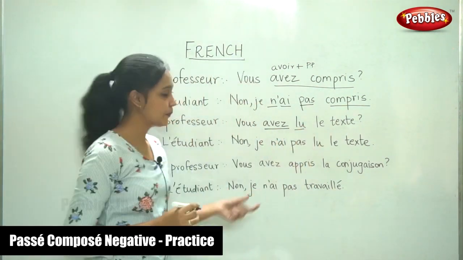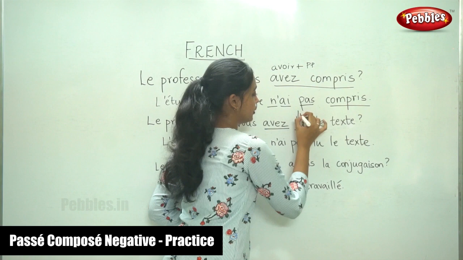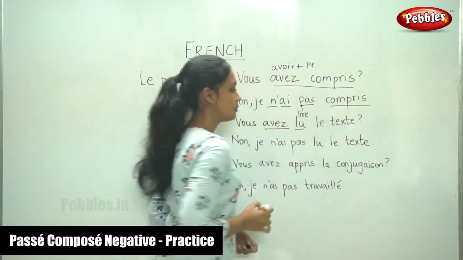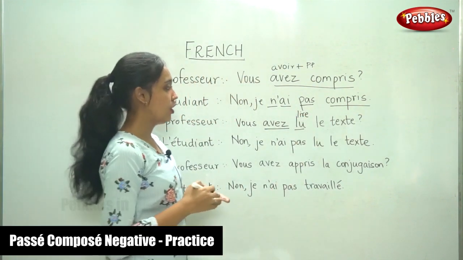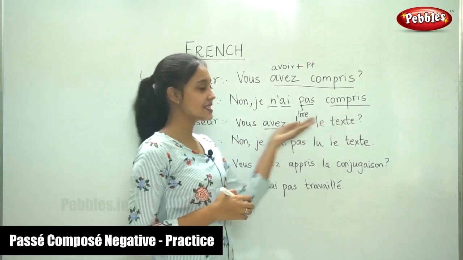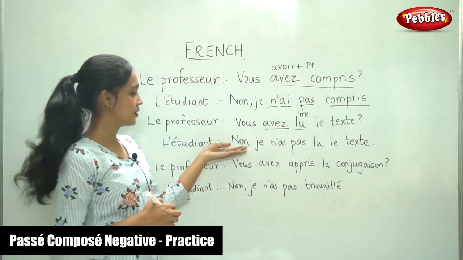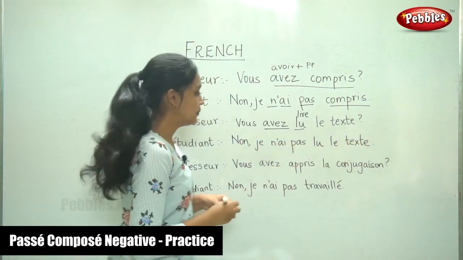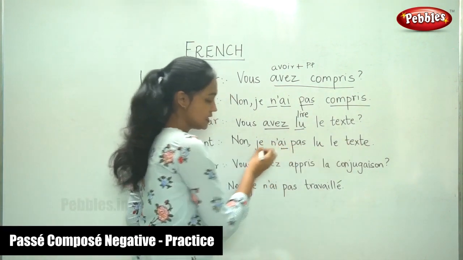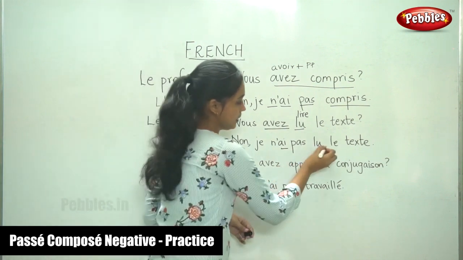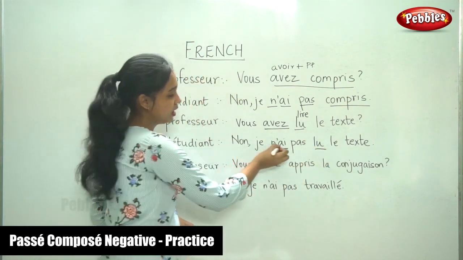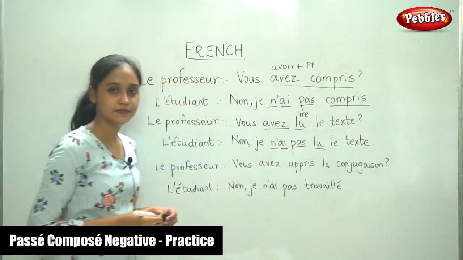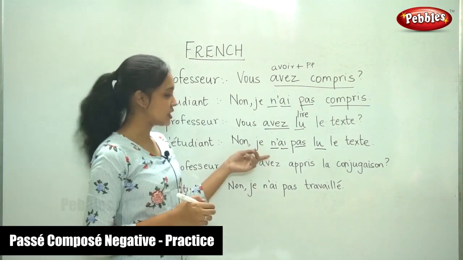Lu is the past participle of the verb lire, means to read. Vous avez lu le texte? Have you read the text? Non, je n'ai pas lu le texte. Again it is avoir, past participle, ne and pas. I hope you understood that.